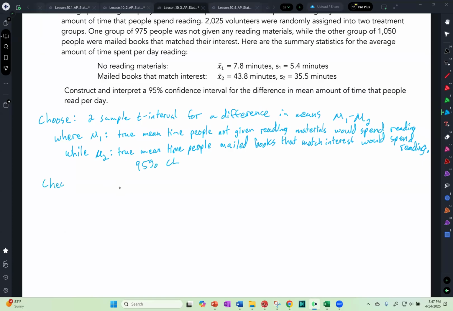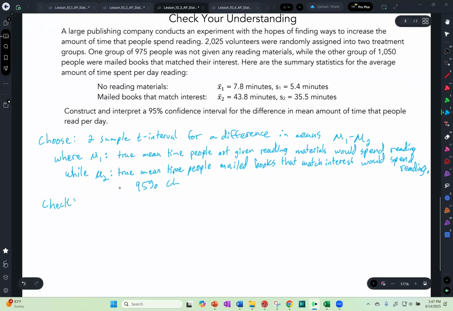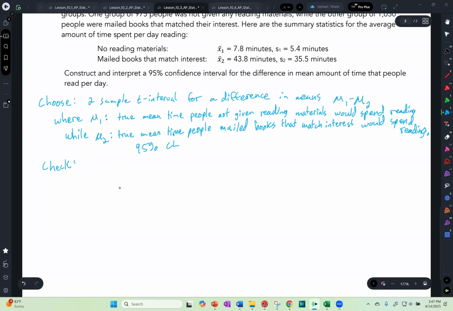Choose, check. If it was collecting two samples, I would have to check independence and random, but I don't because they were assigned, right? So random assignment is stated.